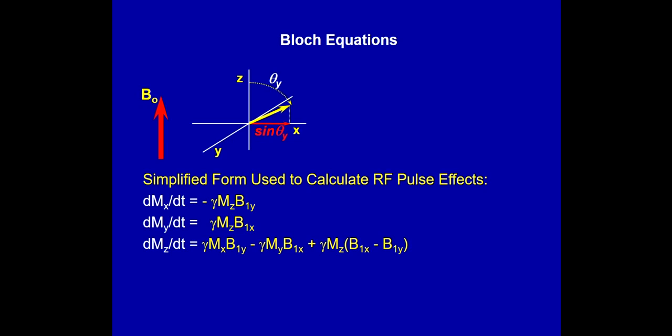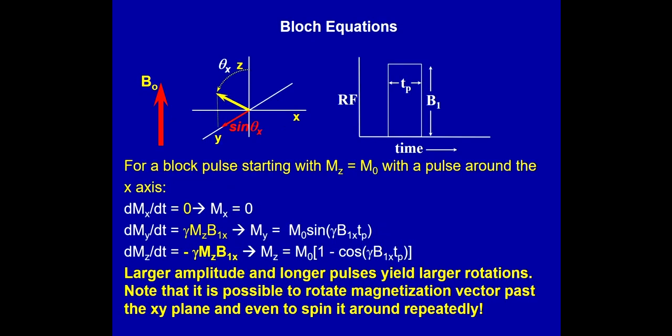These are differential equations. So if we examine the case of a block pulse, that's a pulse that looks like a block because it turns on, it's left on at a constant level for a short period of time, microseconds or maybe a millisecond at most, and then it's turned off. The pulse width is called T sub P here, and here's the B1, that is the amplitude.